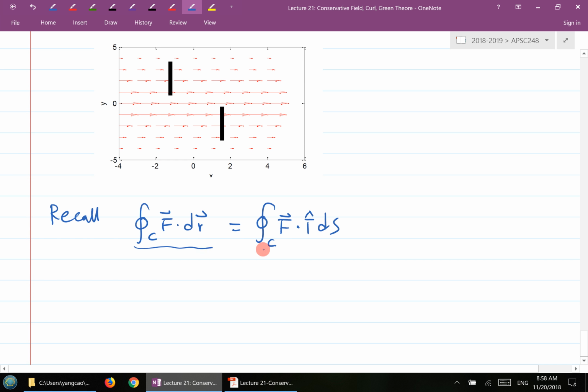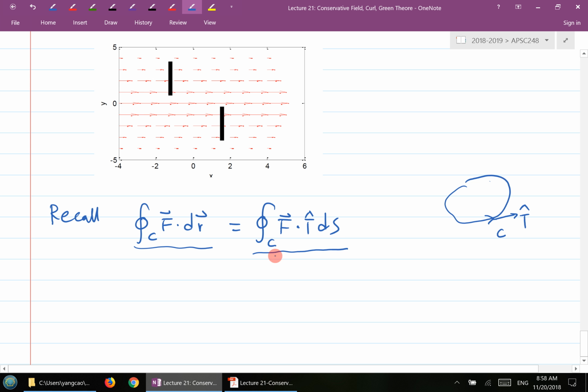But if you remember, this formula actually comes from this one here, right? So you have a vector field going along a certain closed curve C, and the t hat here represents the unit tangent vector to that curve C, and ds represents a small displacement around this curve C.